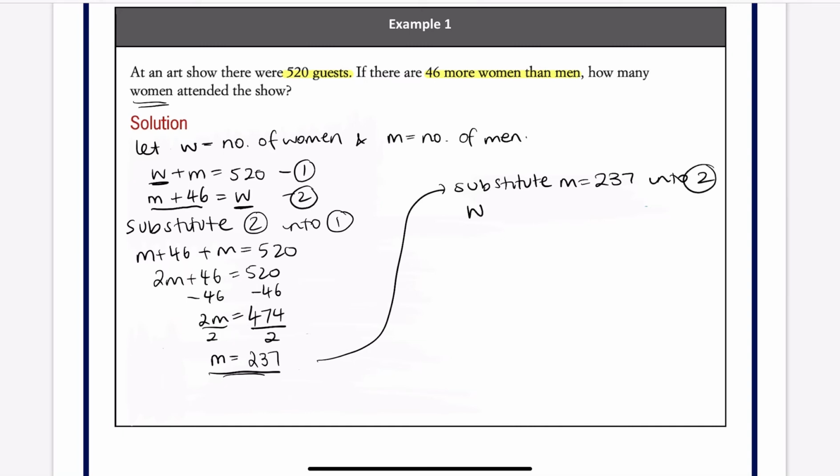Our W, the women, equals 237 plus 46, which equals 283. So how many women attended? There are 283 women attending. Therefore, 283 women attended the art show.